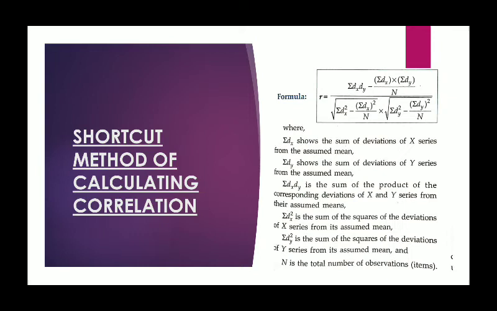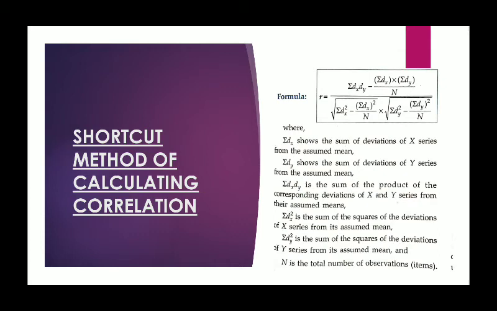So here you can see the formula of correlation coefficient R is equal to summation dx dy minus summation dx into summation dy divided by n, over root over summation dx square minus (summation dx)square by n, multiplied by root over summation dy square minus (summation dy)square by n, where summation dx is the deviation of series x from the assumed mean, summation dy is the sum of deviation of y series from the assumed mean, summation dx dy is the product of the two, squares are also given, and n is the number of observations.